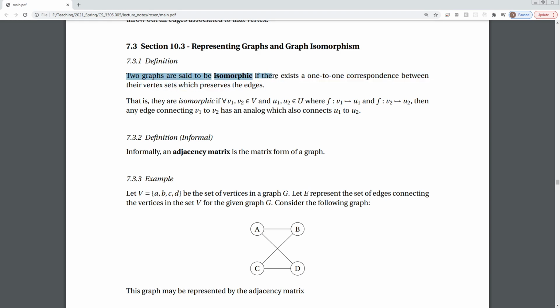Okay, so now we can talk about isomorphisms. Two graphs are said to be isomorphic if there exists a one-to-one correspondence between their vertex sets which preserves the edges. So an isomorphism you can think of as just a relabeling, or some change in representation.